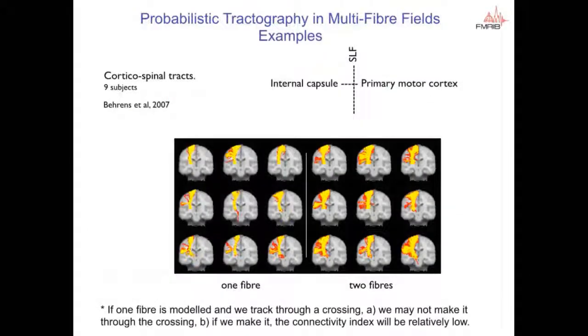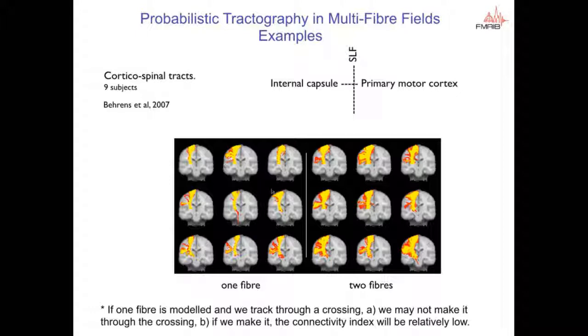Why is this useful? Why should we account for multiple fiber orientations in every voxel? Well, once again, because crossing occurs quite a lot at the resolution at which we sample our data. Let's take here an example in which you have fibers from the internal capsule projecting to the primary motor cortex, so the corticospinal tract fibers, and these are crossed at the centrum semiovale here by the superior longitudinal fasciculus in a 90-degree fashion.